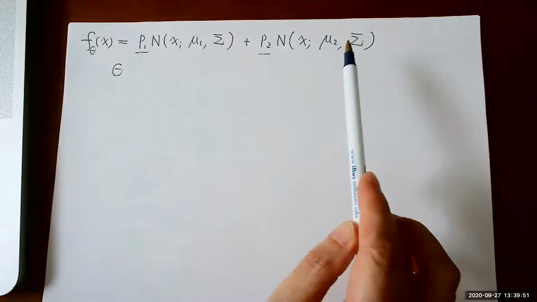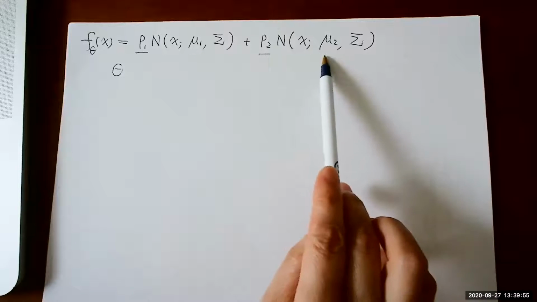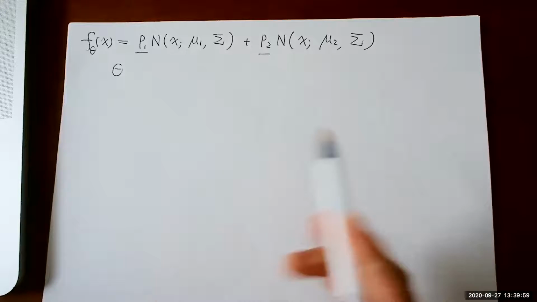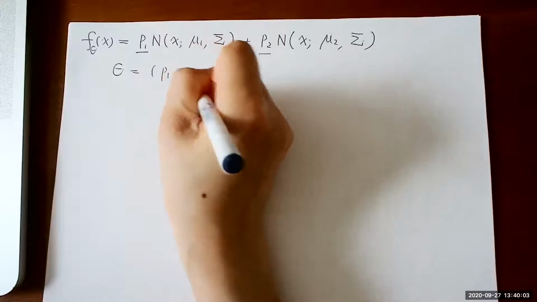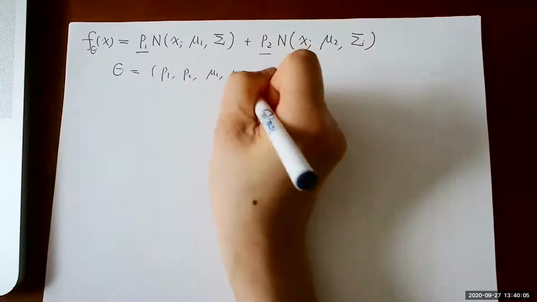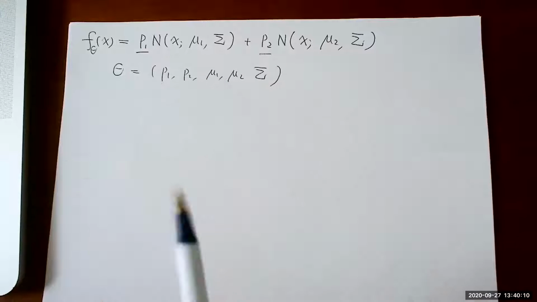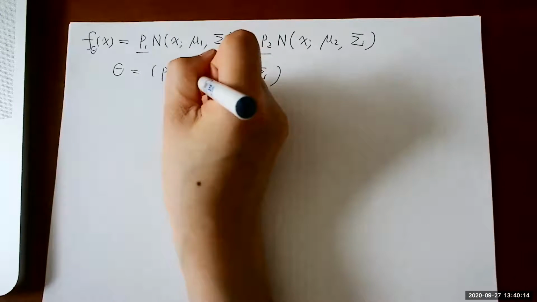Now, if you say a head, you generate data from this distribution. If you say a tail, the data will be generated from this distribution. So the parameters are going to be P1, P2, mu1, mu2, and sigma. Here, P1 and P2 actually can be merged into only one parameter because P2 is always equal to 1 minus P1.